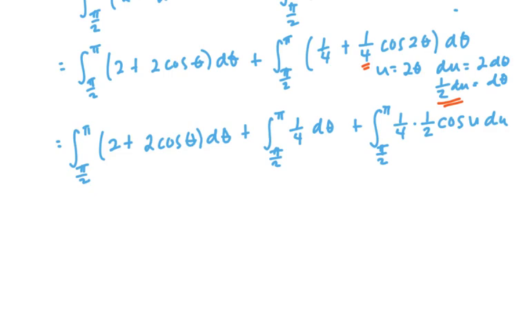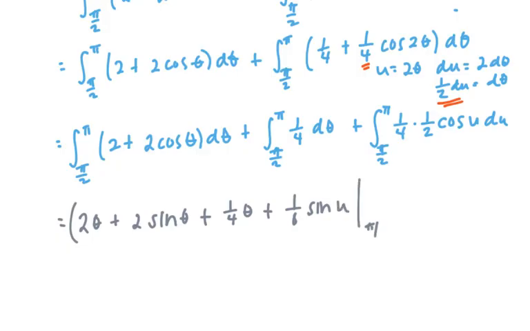So now we can actually integrate. Let's do that. So 2 becomes 2 theta. Notice the bounds are the same all the way across. So we're going to put bounds at the end. So we have 2 theta plus 2, and the antiderivative of cosine of theta is sine theta, plus 1/4 theta, plus 1/8, and the integration of cosine is sine u from pi over 2 to pi.